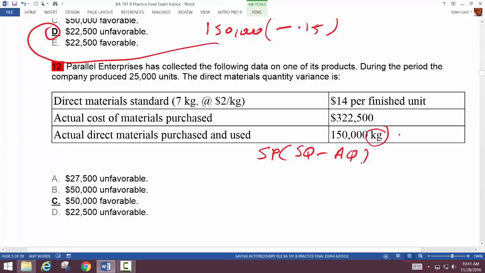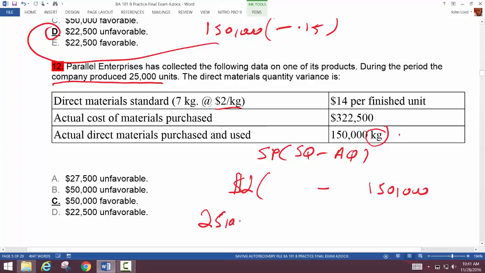So what's my standard price? $2. Okay, good. And what's my standard quantity? Well, what's my actual quantity? Actual quantity we already know is 150,000 kilograms, right? How about my standard quantity? How many units did they produce? 25,000 units.